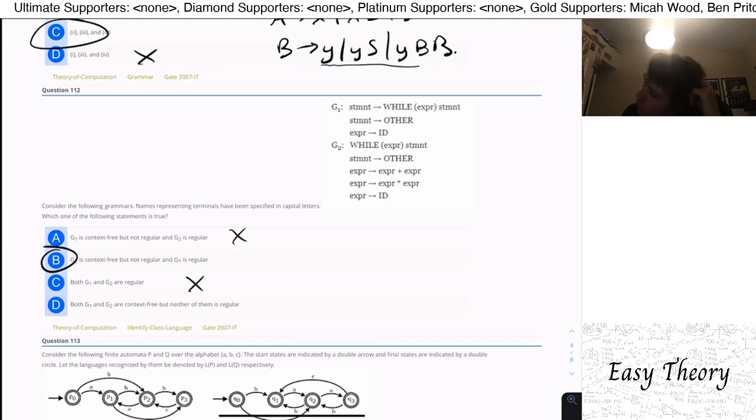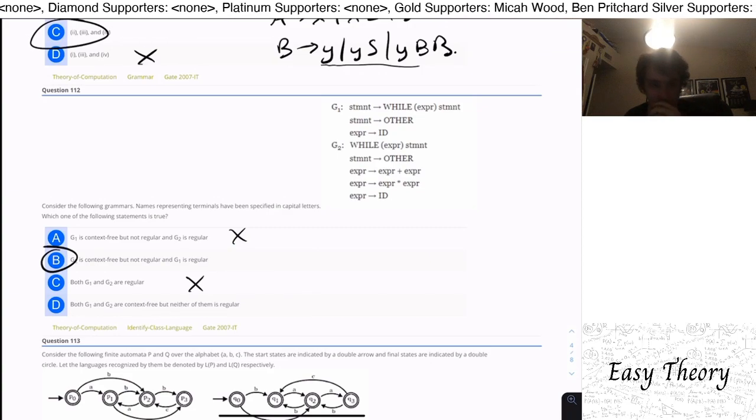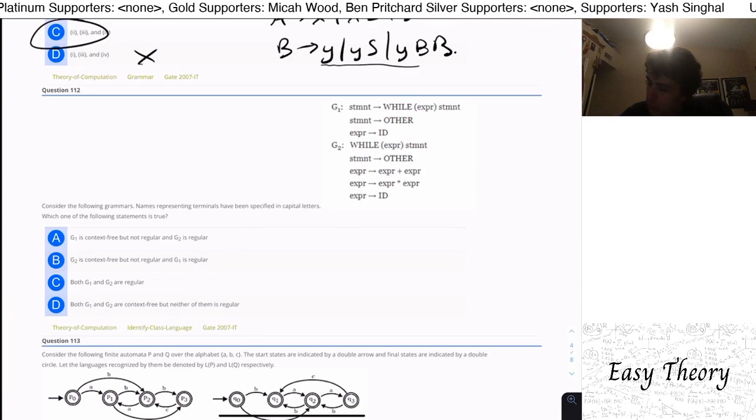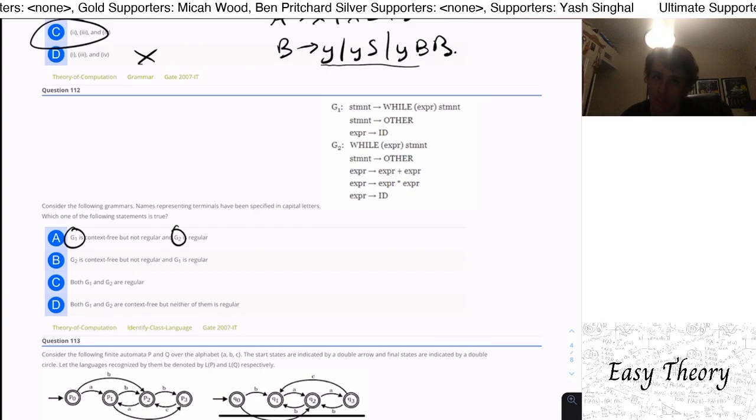Oh, so here's something that I should pay more attention to and you should too. These are asking about the grammars themselves, not the languages.